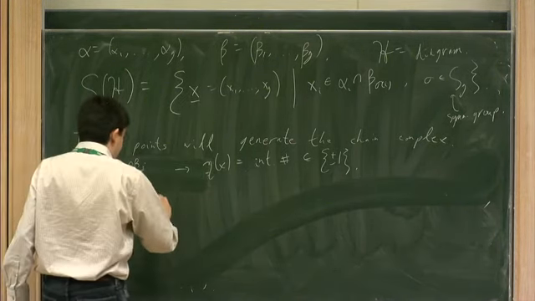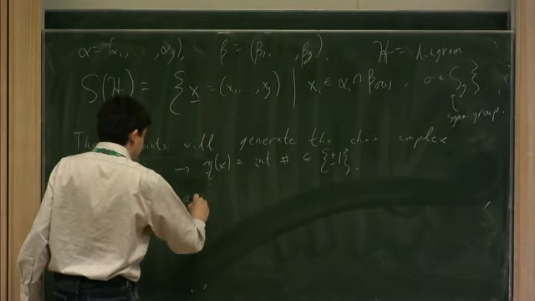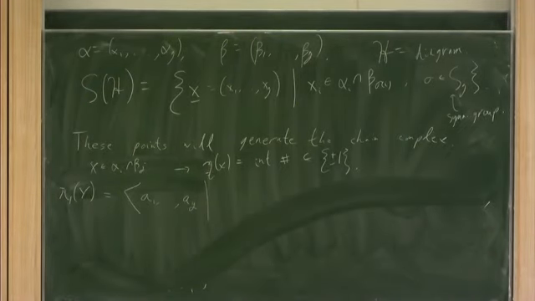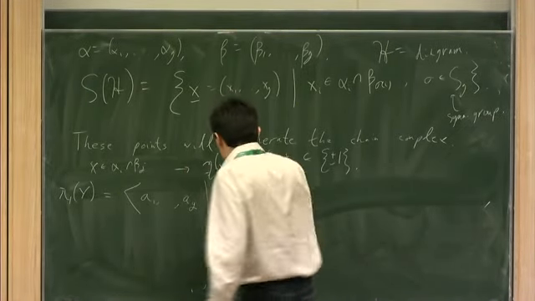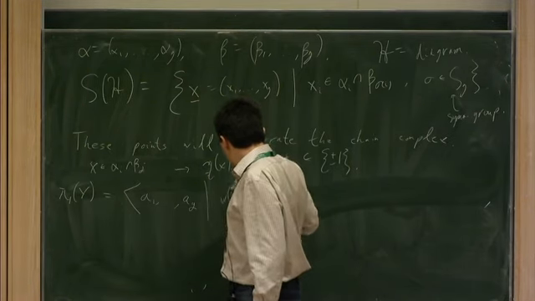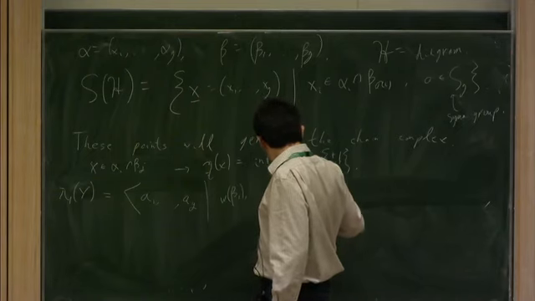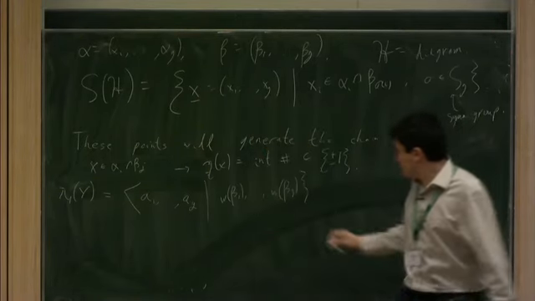So the group presentation pi1 of Y is going to be generated by, let's say, a_1 through a_g, and then the words that we read off are given as follows.